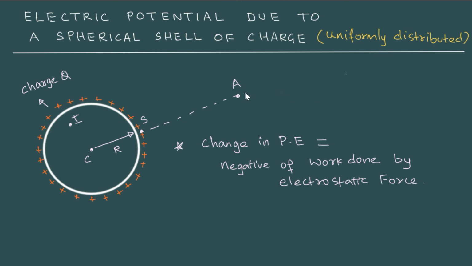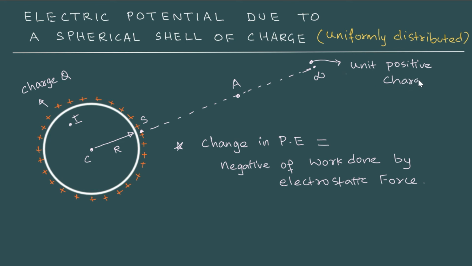If I take a faraway point, let's say this point is at infinity, I have some point charge here. Let's assume that we have our test charge, unit positive charge.